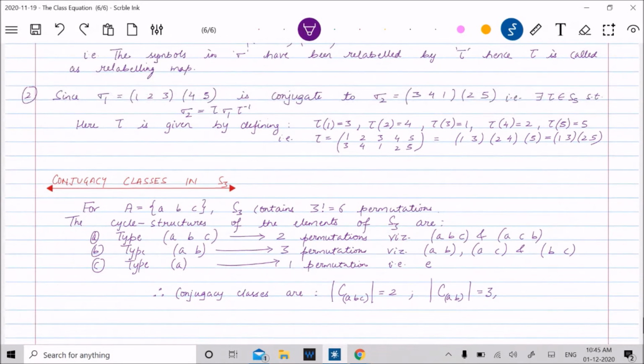So the center of S3 will have just this one permutation, the identity permutation. Now can you write the class equation?